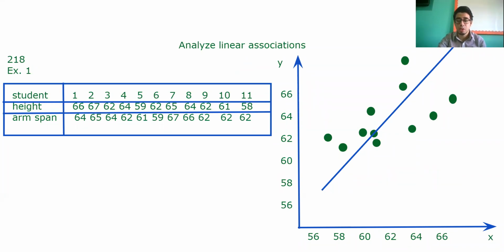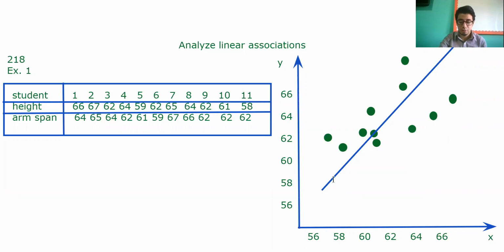So the slope is going to be positive, and also this is going to be a positive association, because if you increase the value for x, 56, 58, 60, until 66, you can see that the values for y are increasing too.